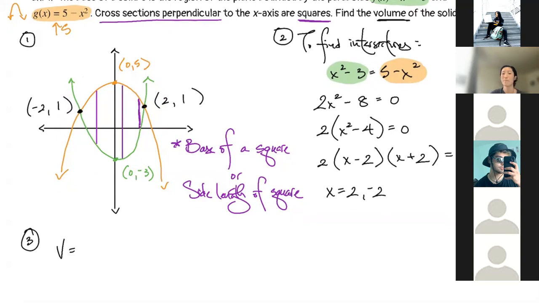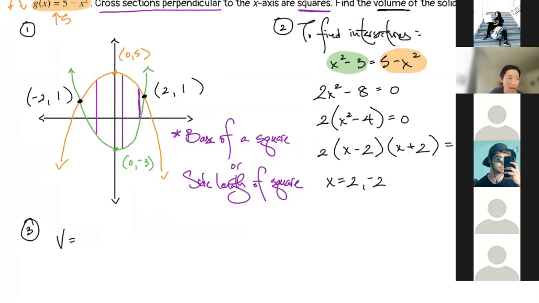Let me say that one more time. If we take the area of every single square in this entire region and we add them all up, we will get the volume of the shape we want. And so the way we're going to do that is we're going to say volume equals the integral of area.